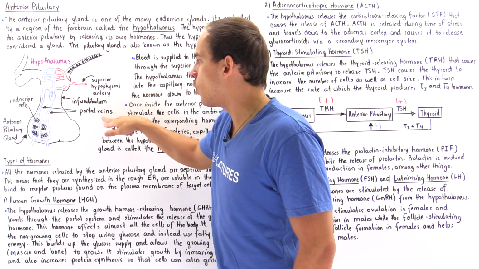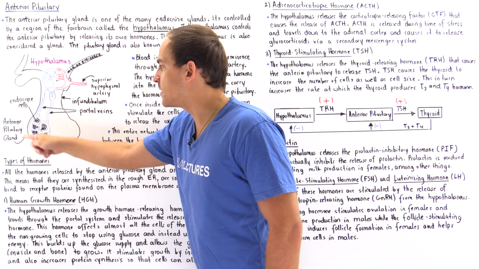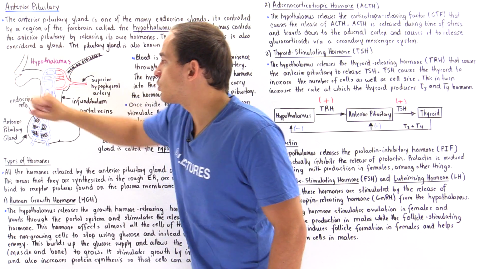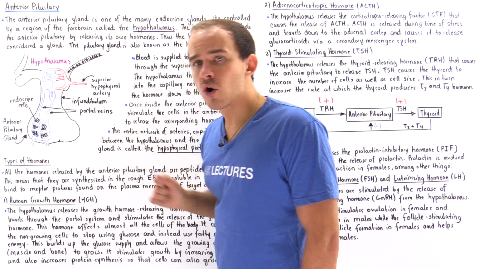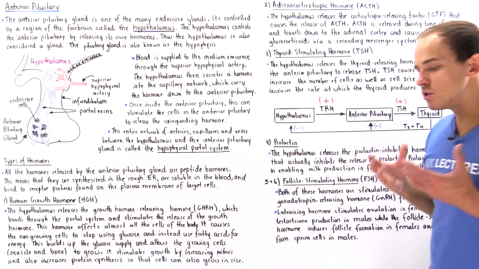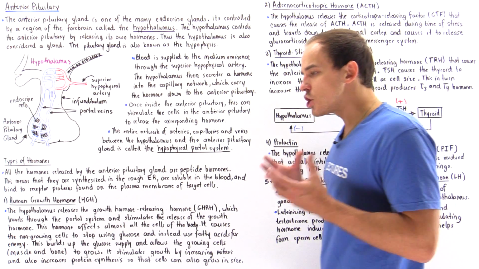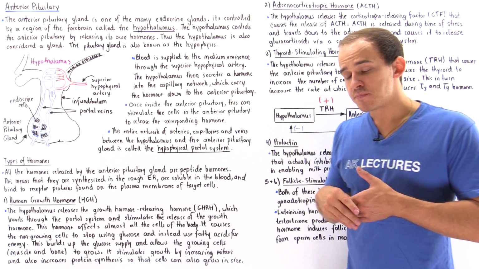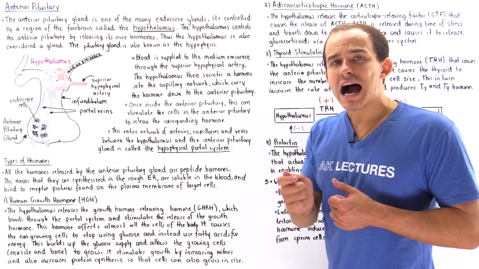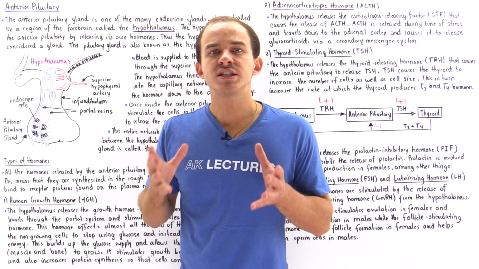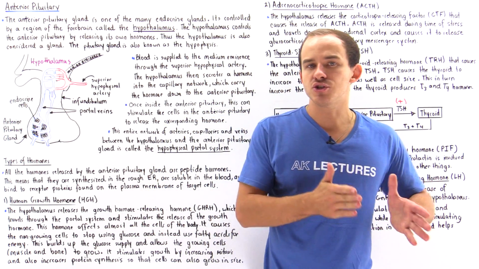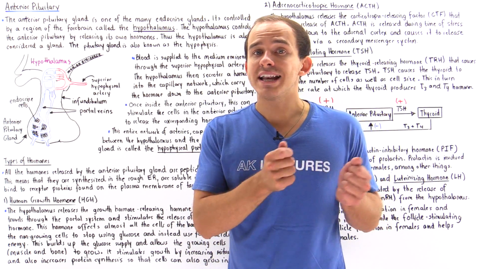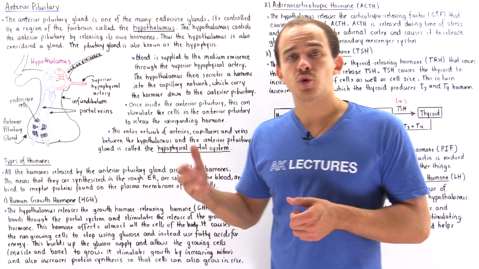It travels down the portal veins into this capillary bed system that causes these endocrine cells to release our growth hormone. Now, the human growth hormone stimulates almost all the cells in our body, and what it does is the following. It causes the non-growing cells of the body to stop using glucose as the energy fuel, and it causes these cells to use fatty acids instead to create ATP.